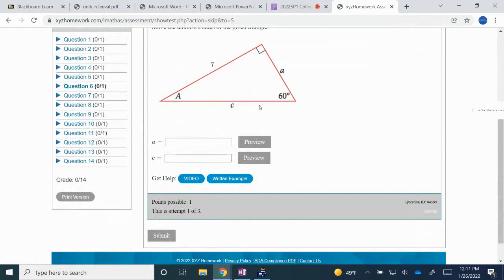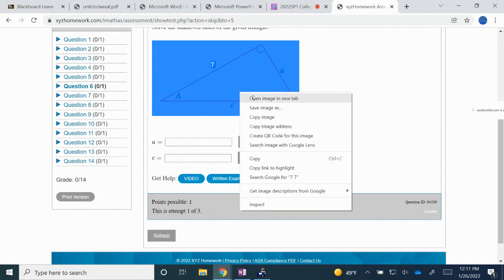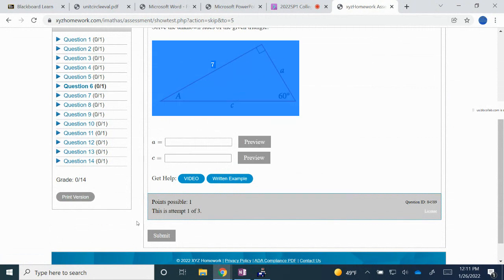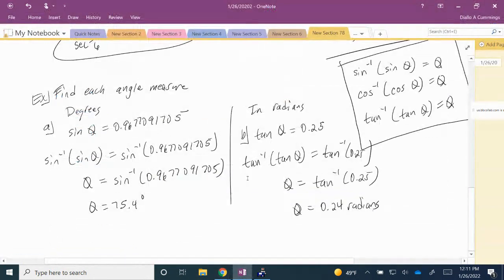In problem number 6, we're given a right triangle with some dimensions, and we're asked to find A and to find C. Let's see if it'll let me copy this. Copy image.